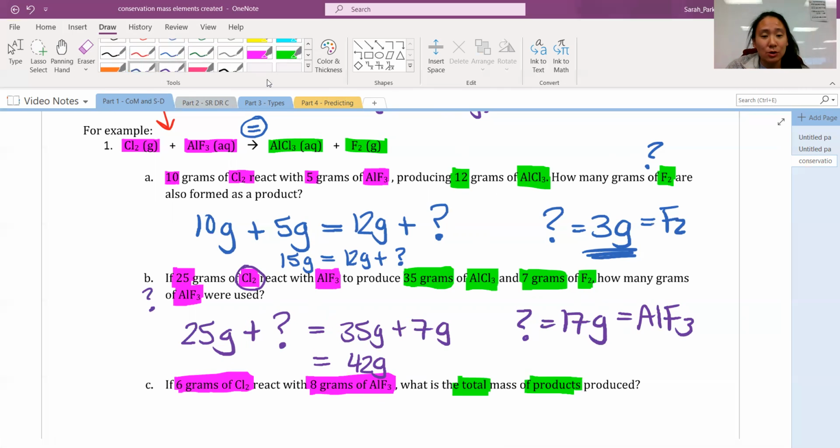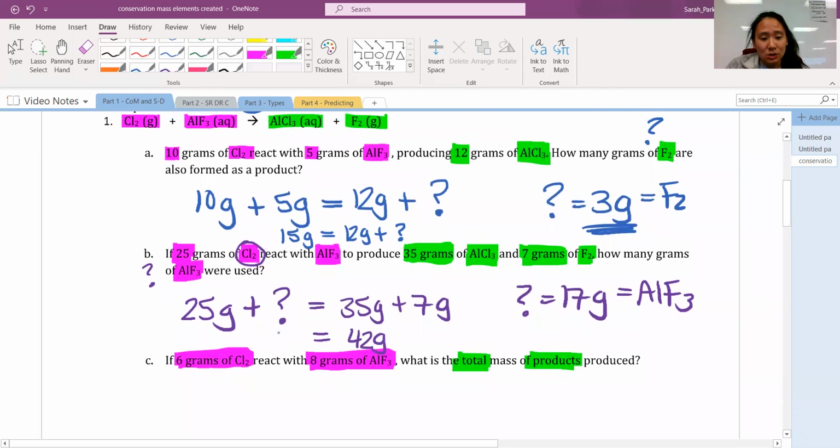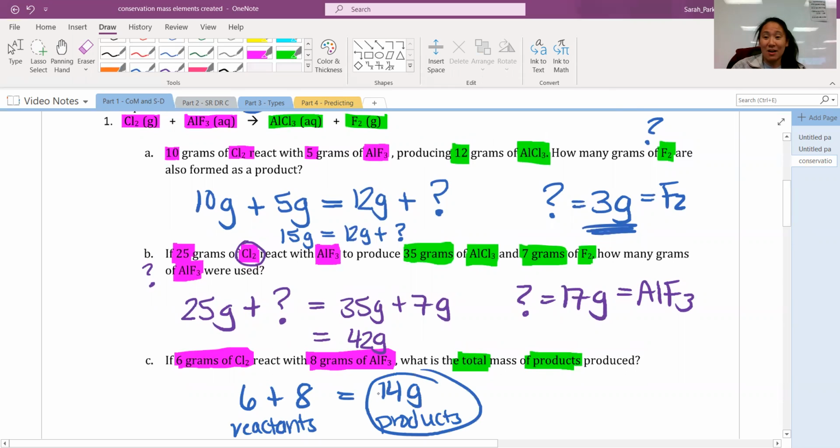So here, you are just going to do some quick addition. 6 plus 8, remember these are our reactants, is equal to our products. So what is 6 plus 8? 14. 14 grams of products is our answer. So that's how you do conservation of mass. Whatever you start with, your reactants, has to equal all of your products at the end.